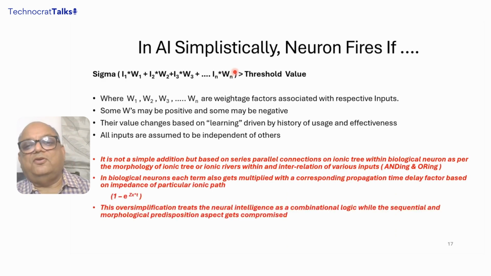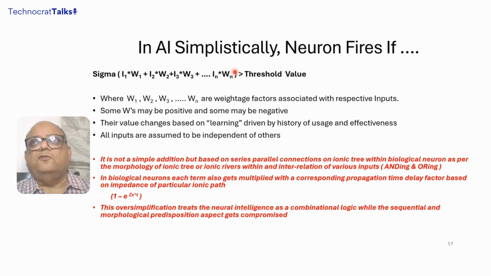And in a biological neuron, of course, there is also a propagation delay everywhere. For each limb, when the signal flows from one end to the other, there is a delay. So you have to consider a delay. Based on that delay, there is a sequence factor, which AI is failing to capture. So in a biological neuron, you have to consider the propagation delay, the retention, the discharging of the capacitor.